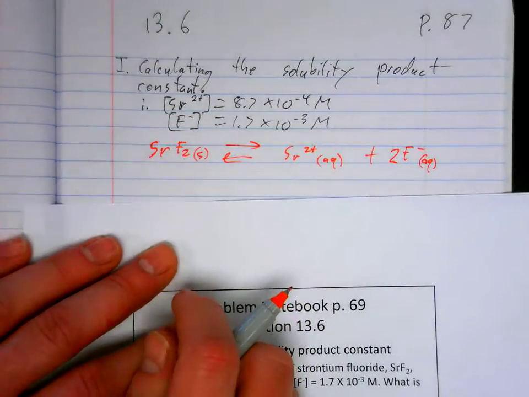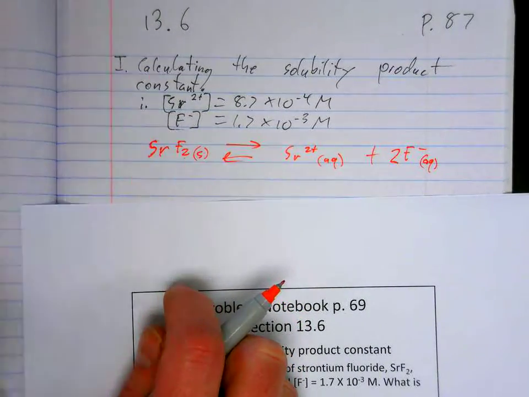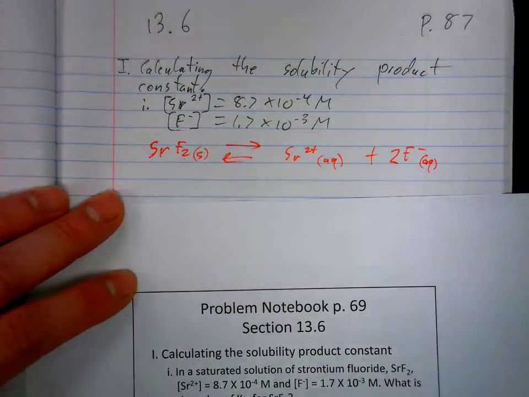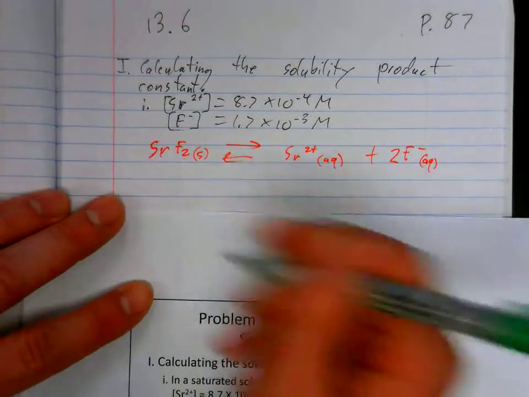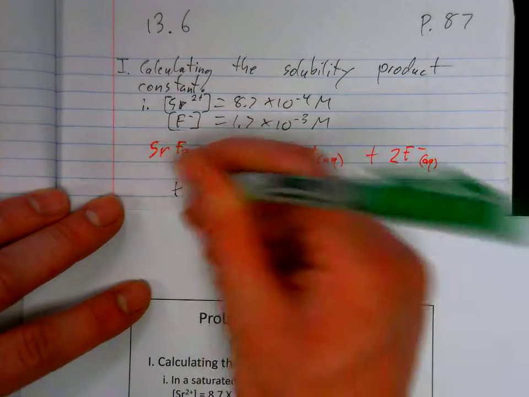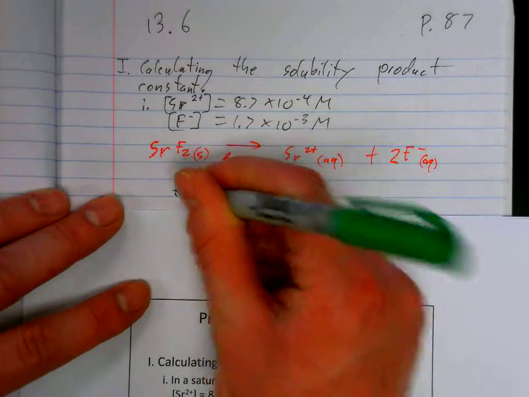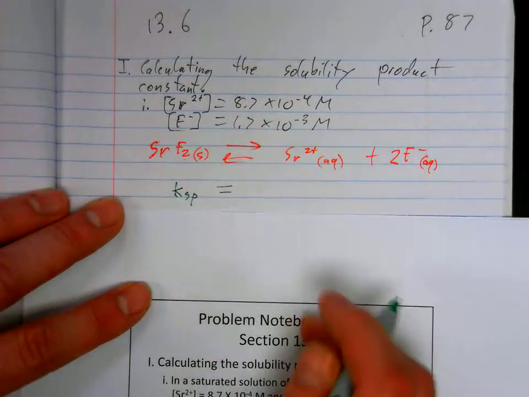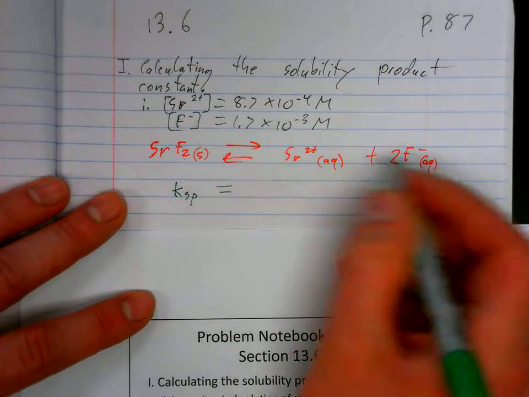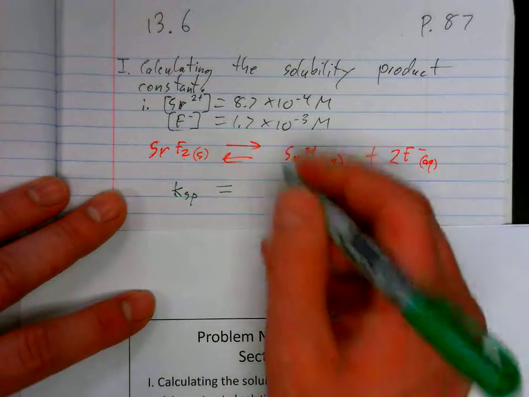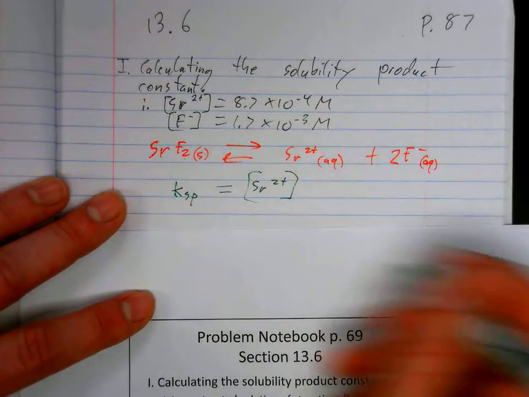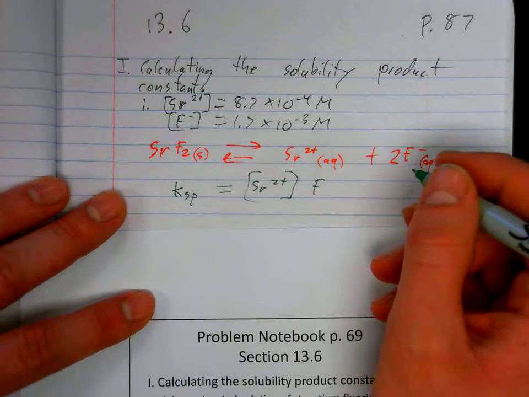Now, next we can write the solubility product expression. Ksp stands for the solubility product constant, and is the product of the Sr2+ and the fluoride. Now this 2 becomes the exponent.